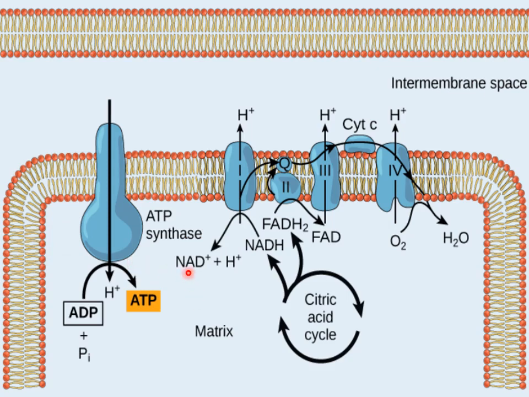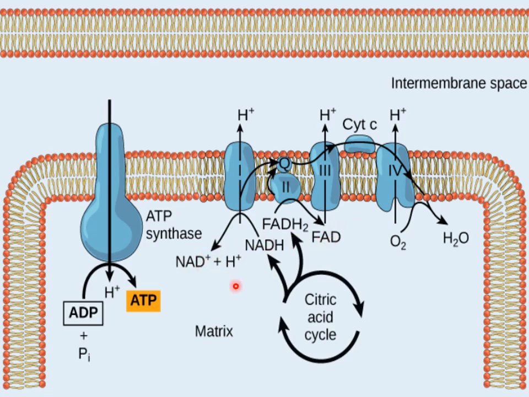So, as a result of these oxidation and reduction processes which are carried out by NADH present in the matrix, and FADH2, molecules get oxidized and reduced into NAD positive, and protons are produced in this process.